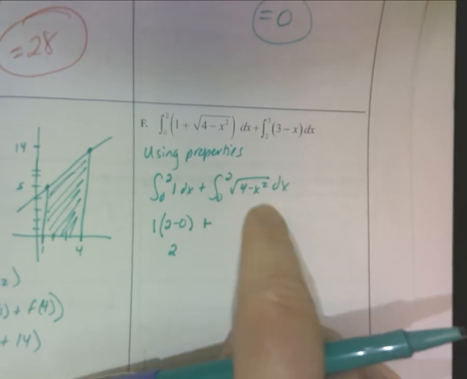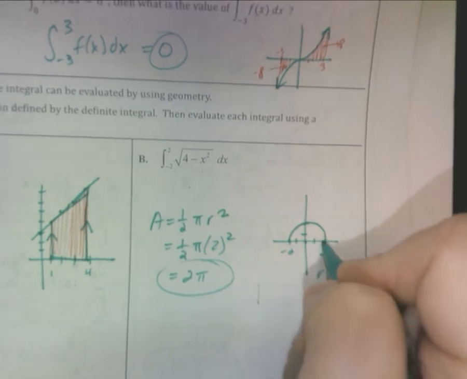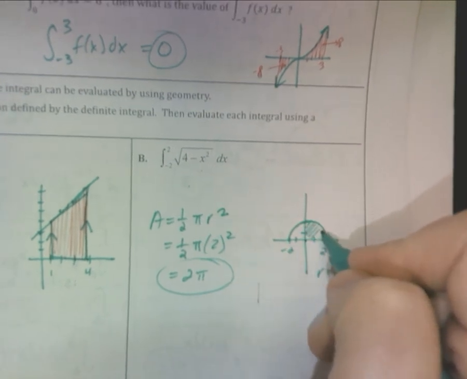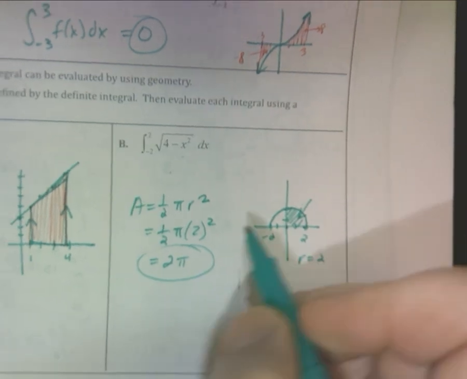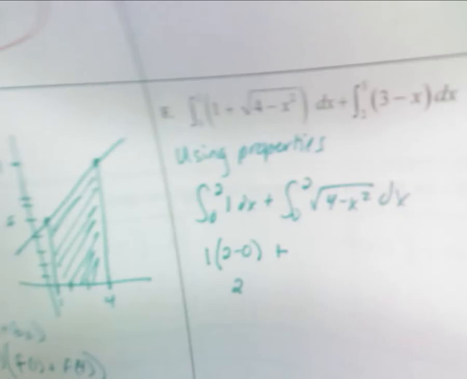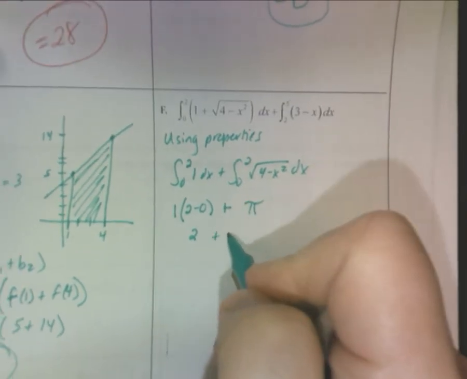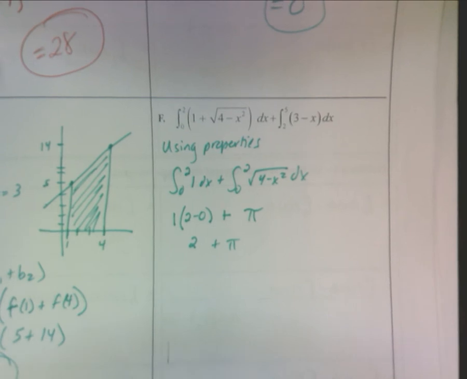Don't you think that would just cut the area in half? We're going from 0 to 2, so that's a half of this area. A half of 2 pi is pi. So 2 plus pi is that first part.